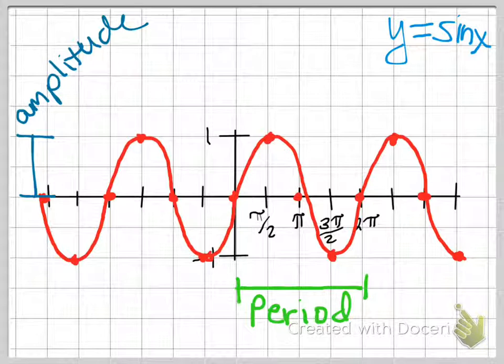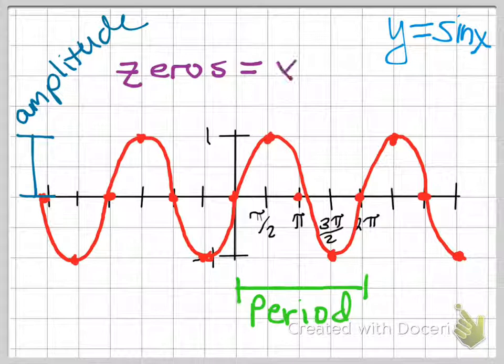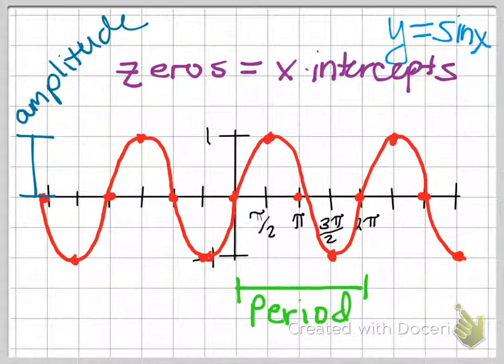All right, so I'm good because I have my amplitude and I have my period. Last but not least, I want to find out where my zeros are. By the way, zeros are the same thing as x-intercepts, and an x-intercept is wherever your graph crosses the x-axis.